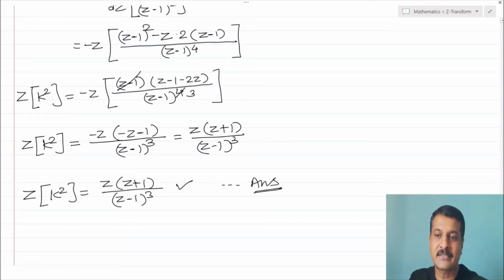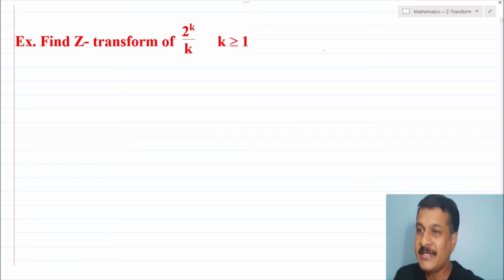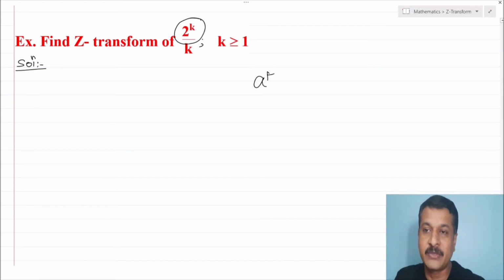So next example, find z transform of 2 raised to k by k where k is greater than or equal to 1. So solution for that. So first you find z transform of a raised to k where k is greater than or equal to 1, and after that use the property divide by k.